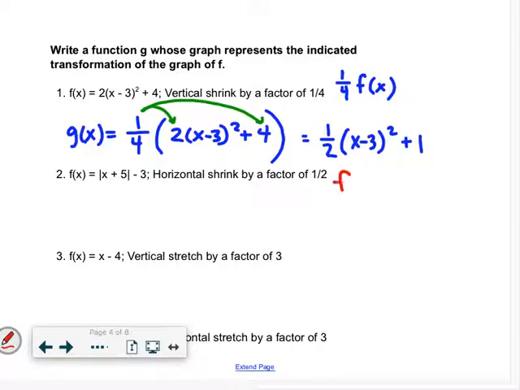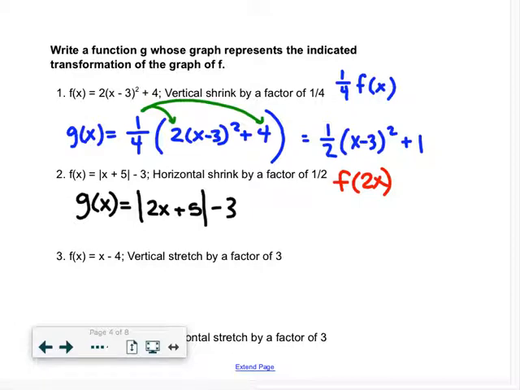So in function notation, that would be f of 2x. And then I just do the work. So this would be g of x equals the absolute value of, put in front of x, 2x plus 5 minus 3. I don't have to worry about distribution when it's horizontal, so that's kind of nice.